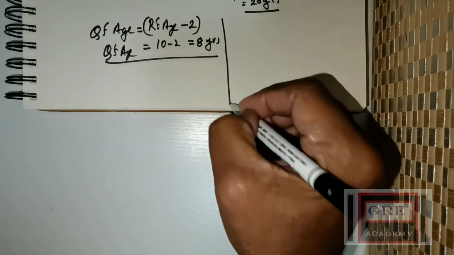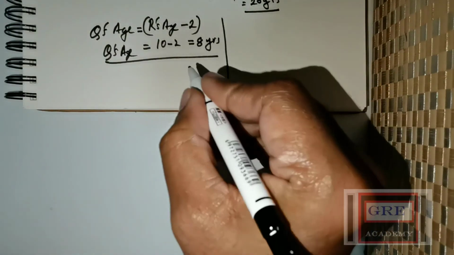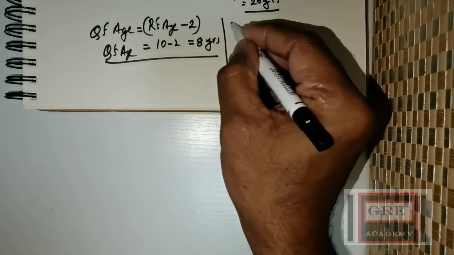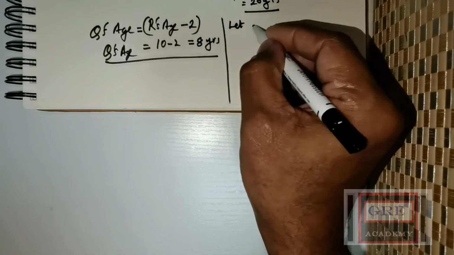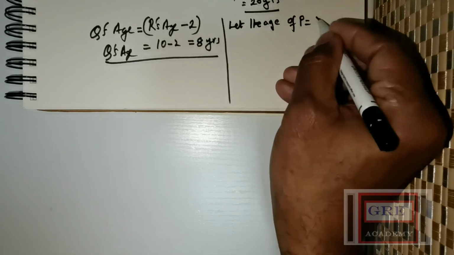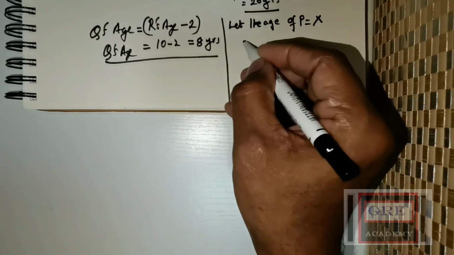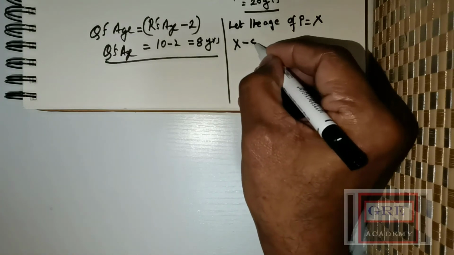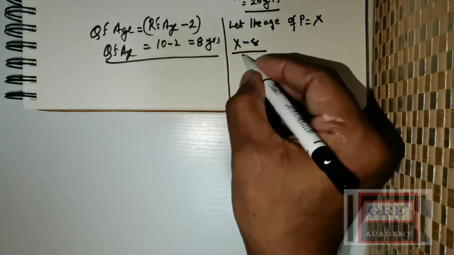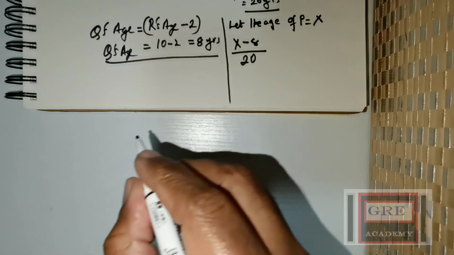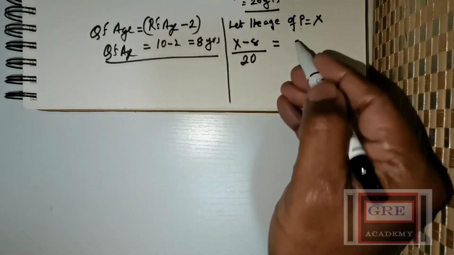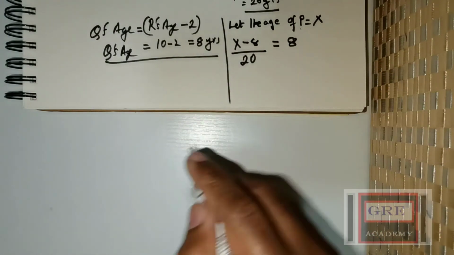Now, from the question, 8 is subtracted from P's age. So, how am I going to handle this statement? I will start off by saying, let the age of P be equal to x. From the present age of P, 8 is subtracted, and the remainder is divided by 20, and we get the age of P's grandson, which is Q, and that is going to be equated to 8.